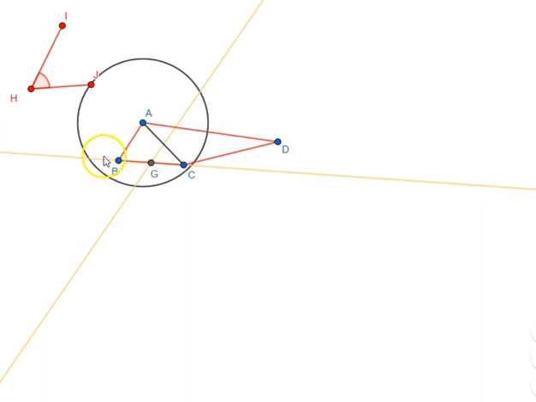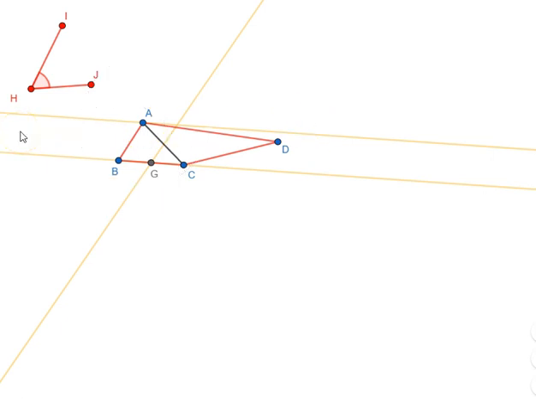So this was a circle with A as the center and BC as the radius. Now we draw a circle with B as the center and AC as the radius. And we take the intersection point. There are two, but we are interested in this one. And we join M and A. So now we have got the parallel lines.